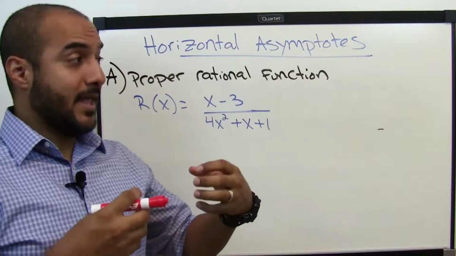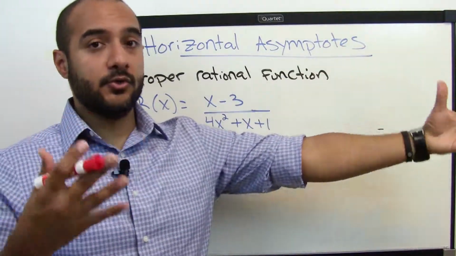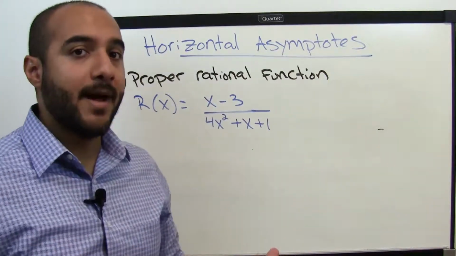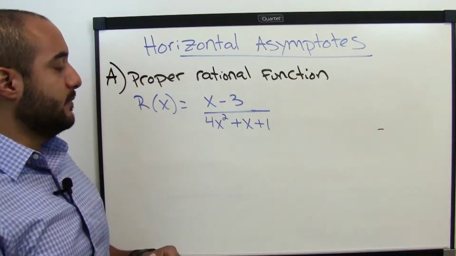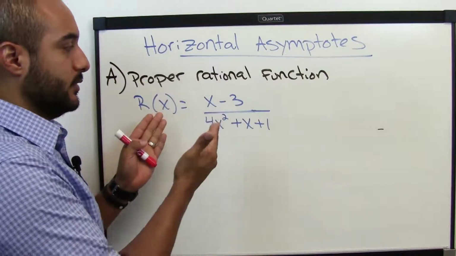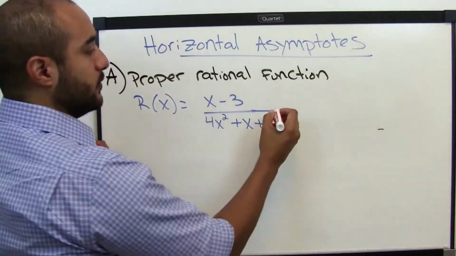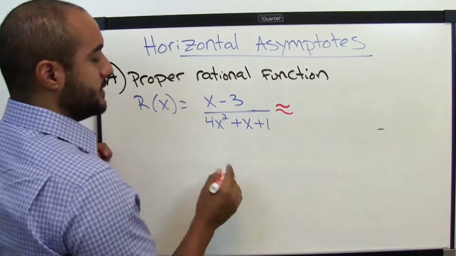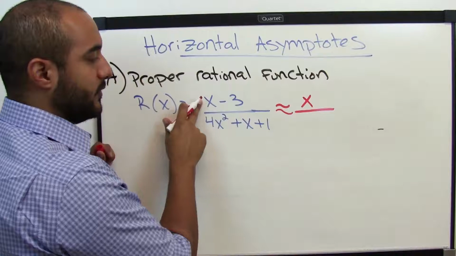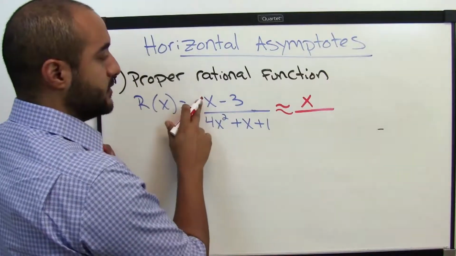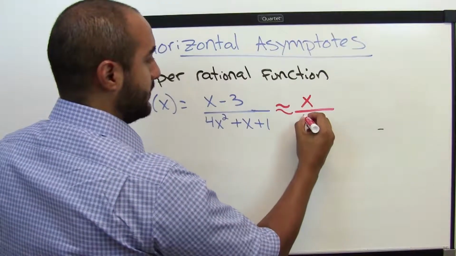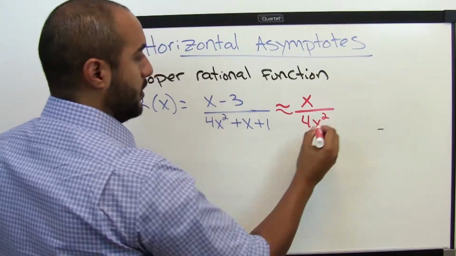And what happens is that as we choose numbers that are greater and greater, these other terms don't matter as much, because they're not growing as fast as our leading terms for both the numerator and denominator. So this is kind of simplified into the leading terms. So in my numerator, I just have my x, and for my denominator, I have 4 over x squared.